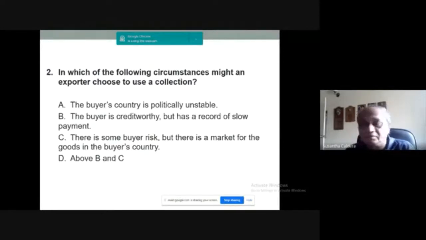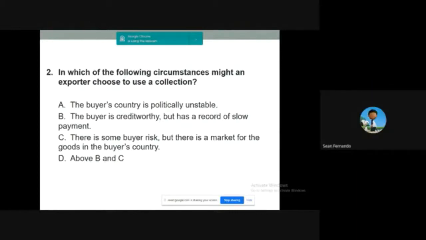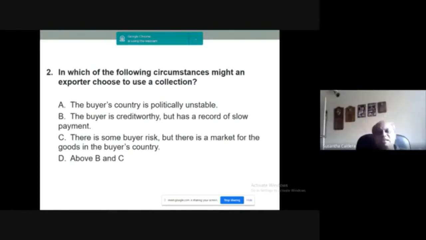This one, what is the correct answer? So B. Sorry, B, D. Yeah, the second one.